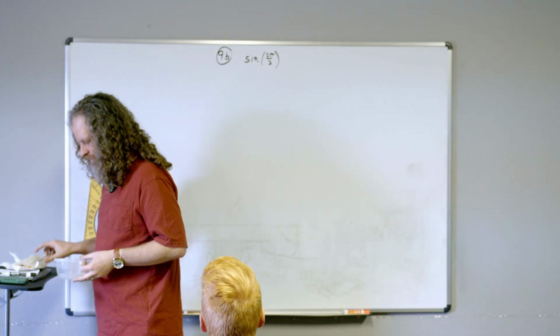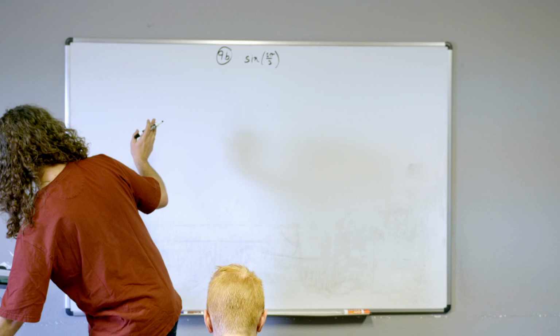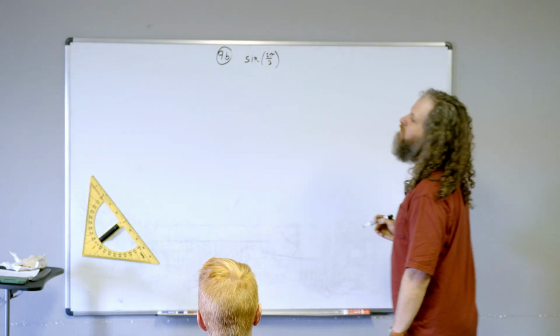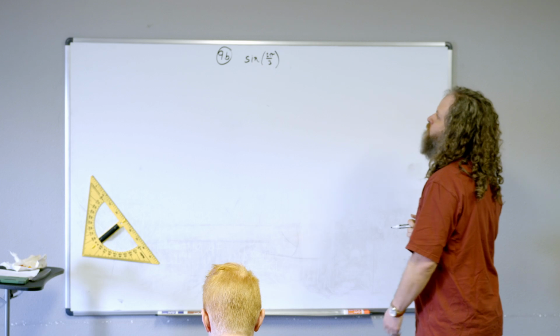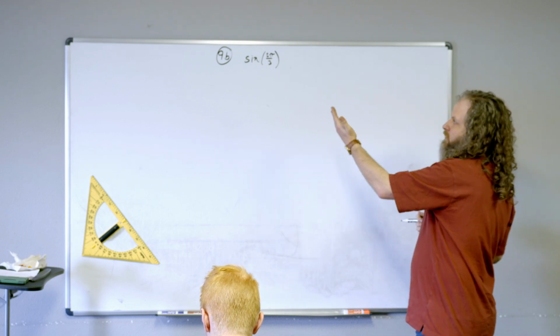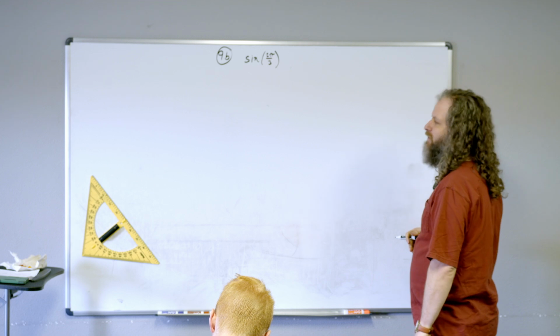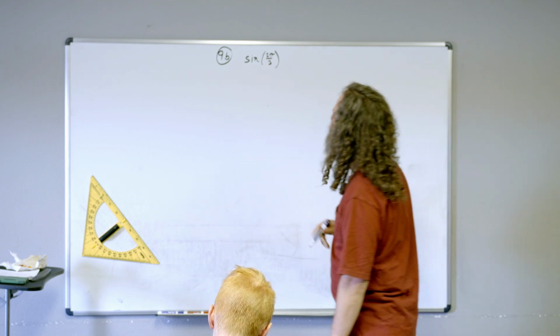So, I would make a little tiny sketch of where 2 pi over 3 is, so I can figure out what quadrant it's in. Good idea, because 2 pi over 3 is not on the chart. So we have to go back to a reference angle that will be on the chart, right?